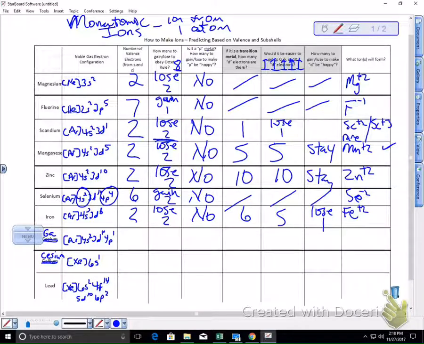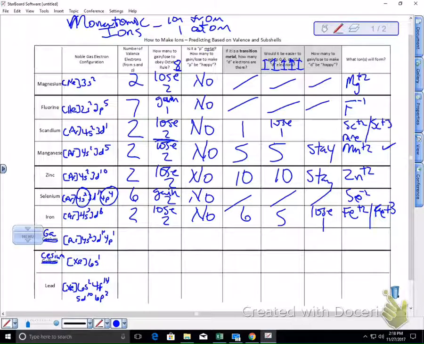So possibly iron could be +3. And it turns out in nature that iron indeed does both of these ions. +2 is a little bit more common than +3, but it's not like +3 is rare or anything.